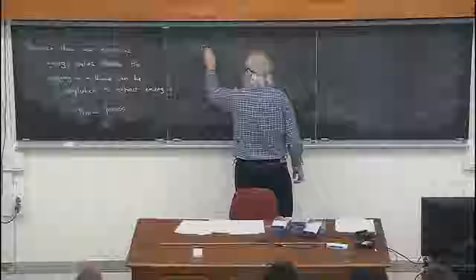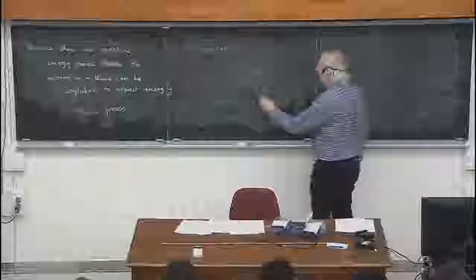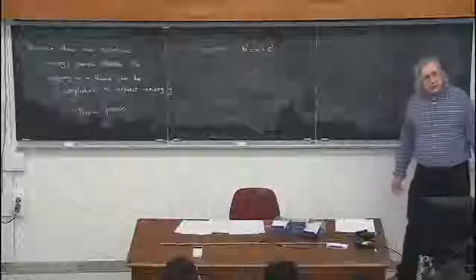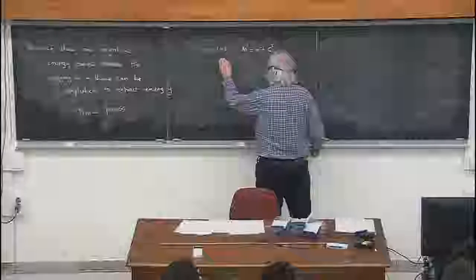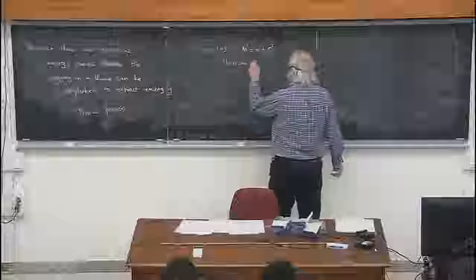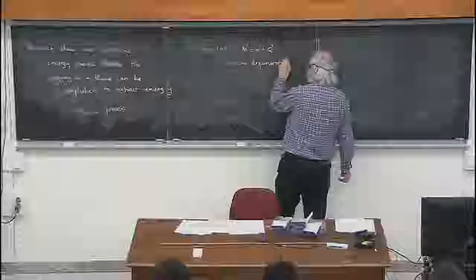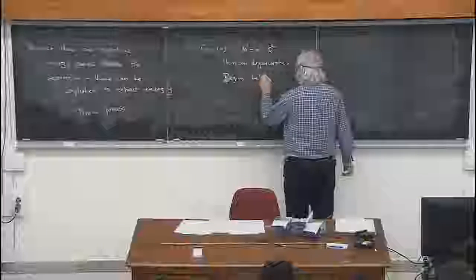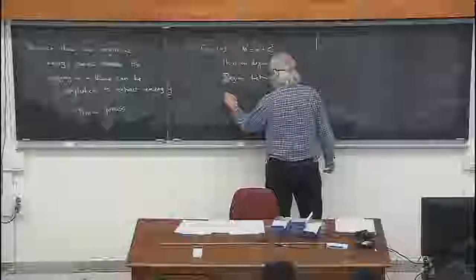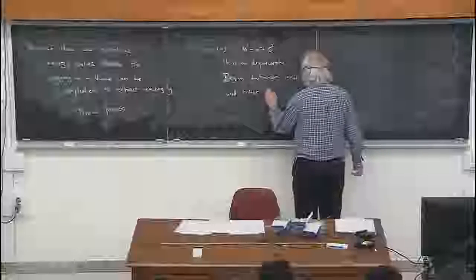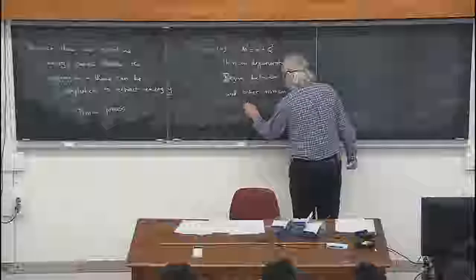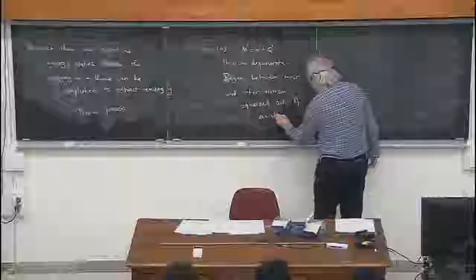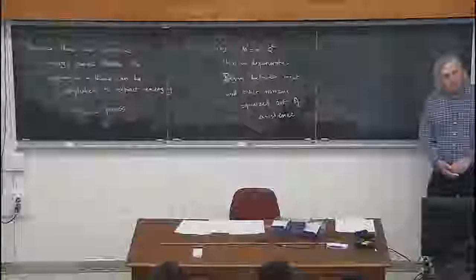So case B, if m squared is equal to a squared plus q squared, then the horizon degenerates and these intermediate regions get squeezed out of existence, but otherwise it's similar. That's really all you need to worry about.